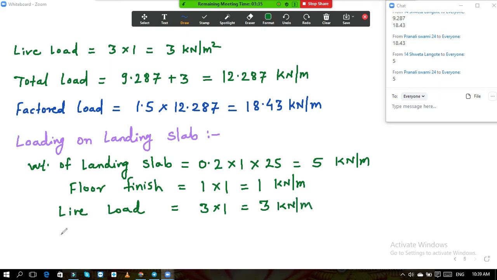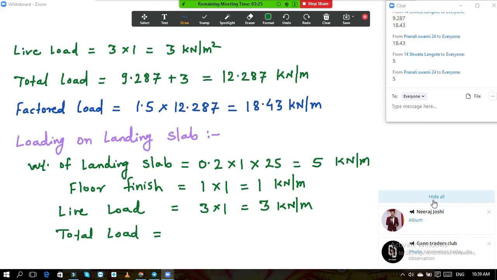So now calculate the total load. Total load on the landing slab is 5 plus 1 is 6, 6 plus 3 is 9. You also cross verify the calculations.